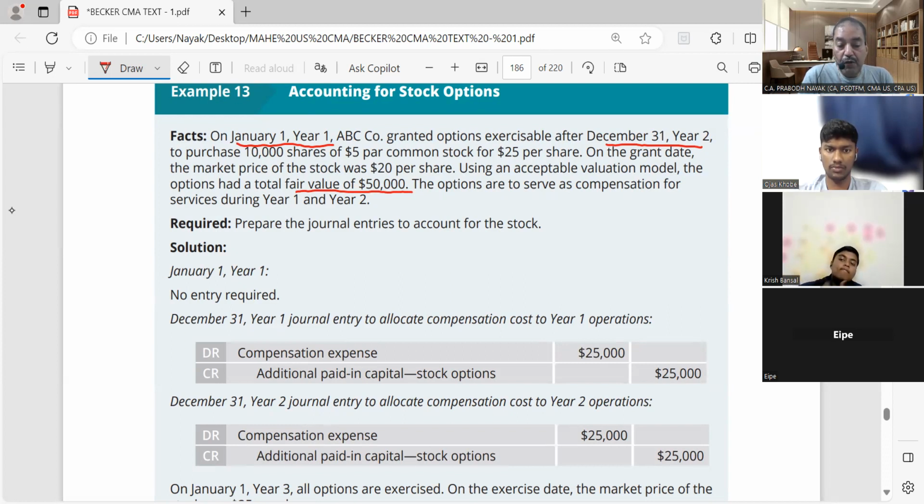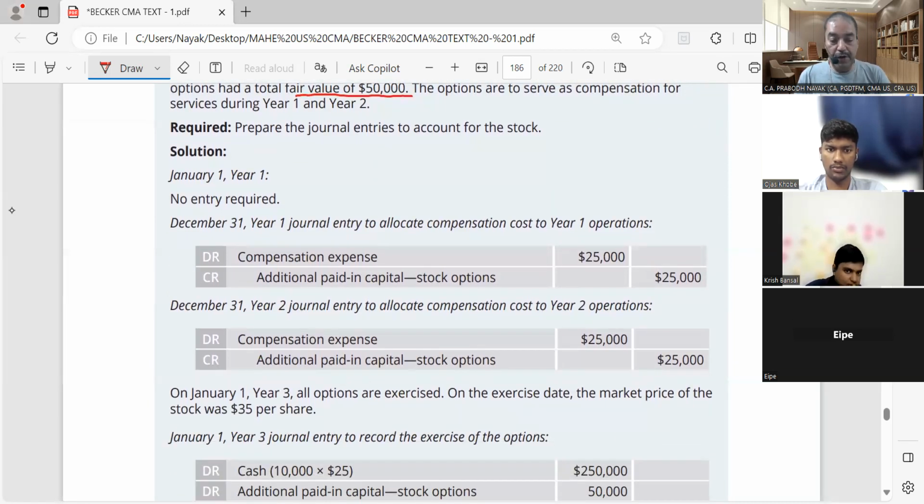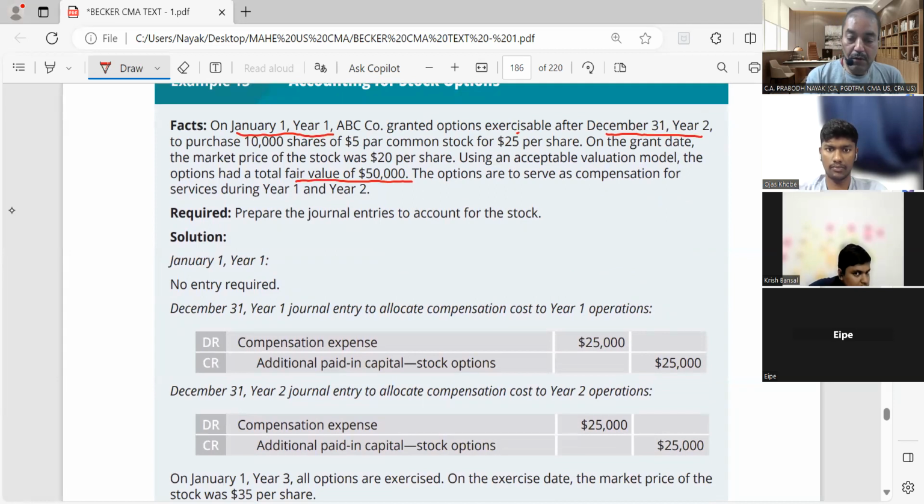And the total fair value of the shares is $50,000. Now, at what price are you going to give them? You are going to give them 10,000 shares at $25 per share.